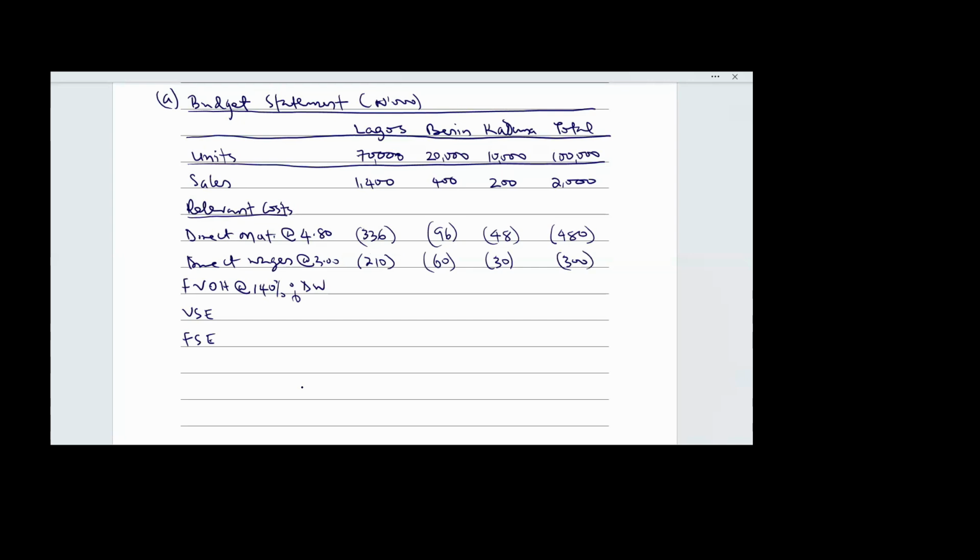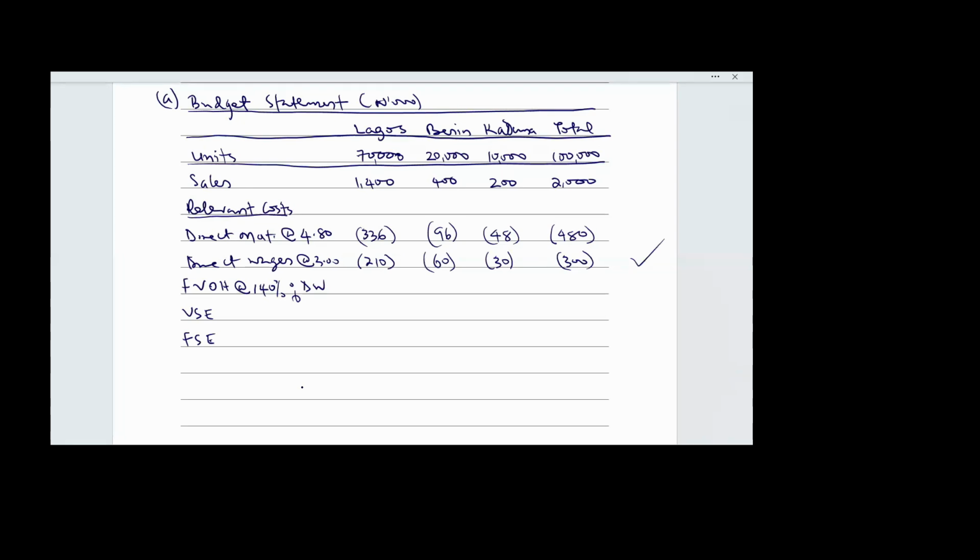So the examiner is now telling us that factory variable overhead is 140% of direct wages. Our direct wages is 210 for Lagos.